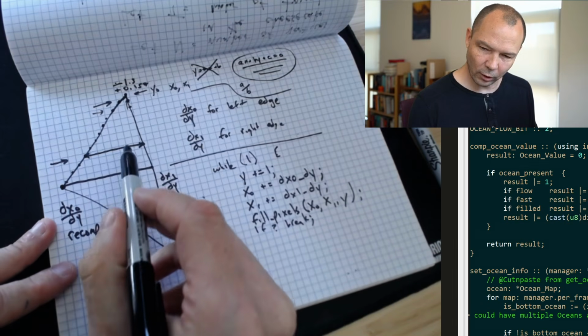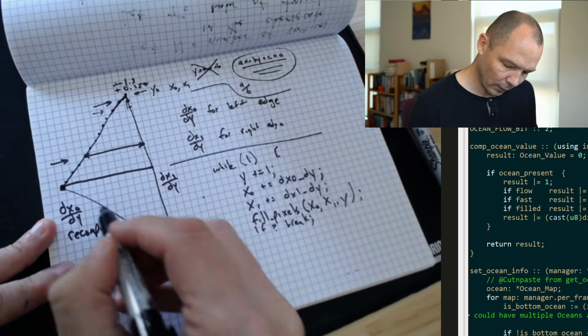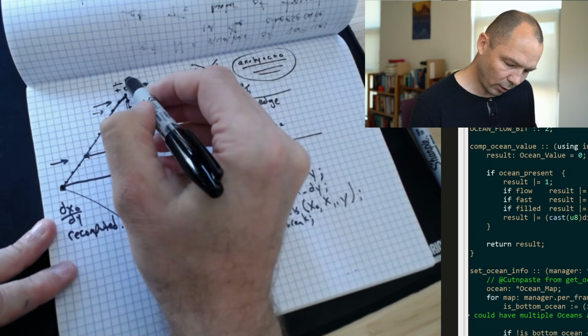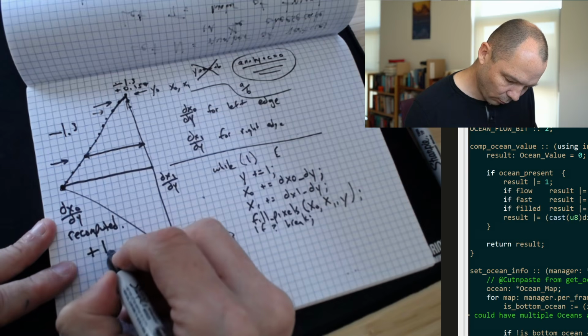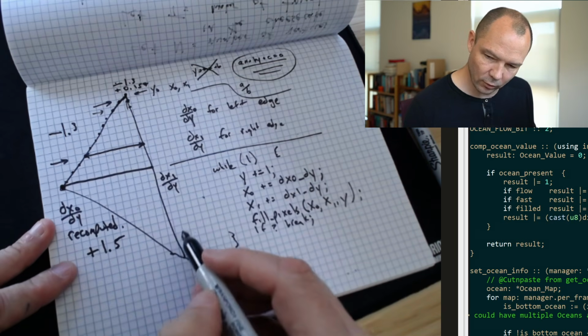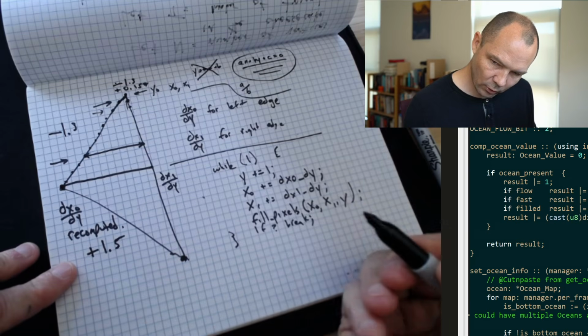So you actually draw one triangle sort of as two triangles because of this switching point. So this used to be minus 1.3. Let's put that over here. And now it's like plus 1.5 or something. It's changed direction. And then eventually you get down here, and when you get down here, you're done with that triangle.